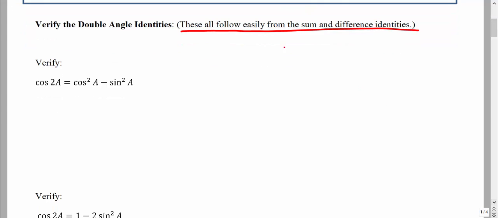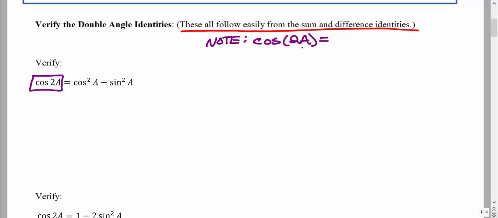So let's look at the first double angle identity, the one for cosine. Cosine of 2A is equal to cosine squared A minus sine squared A. We want to verify that this is true for any angle A. So let's start with cosine 2A and rewrite it.